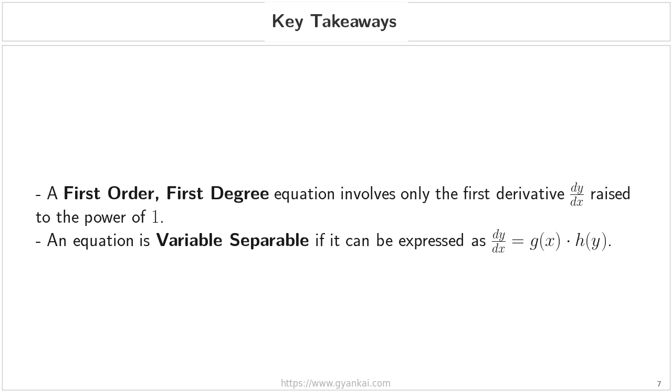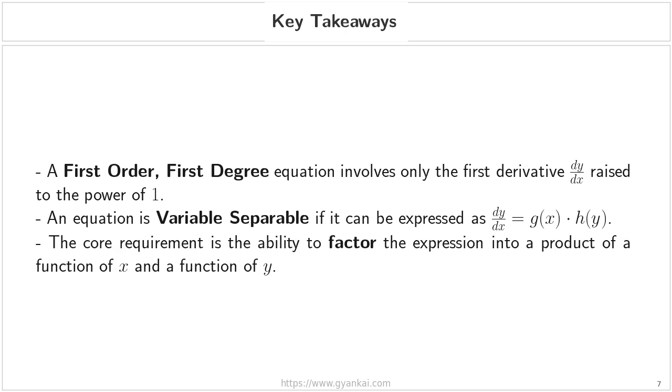A function of x, which we call g of x, multiplied by a function of y, which we call h of y. The core requirement here, as we saw in our examples, is the ability to factor the expression. You are looking for that mathematical split where x and y are no longer tangled together in a single term, but are instead part of separate factors.